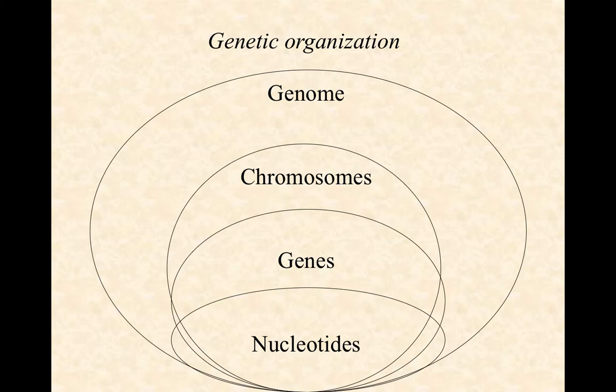A chromosome refers to a molecule, right? A gene refers to a unit of information, and we're going to see when we get into gene expression that there are sequences of A's and T's and G's and C's that say start here and stop here. There's no physical break between those genes. There's simply an informational break and a start and a stop.